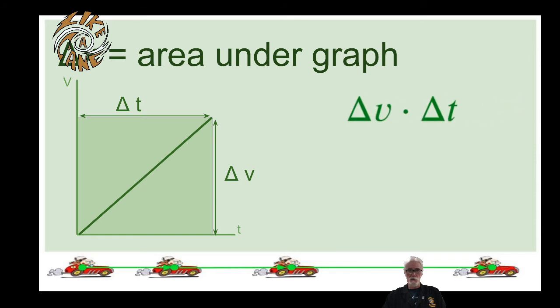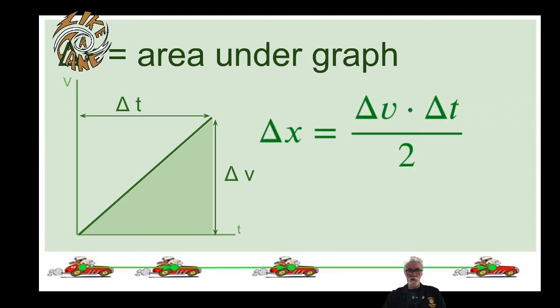So the area of that rectangle is delta v times delta t. But only half of this rectangle is under the graph. So let's cut the area in half to find that delta x, the displacement during this acceleration, is the change in velocity times the change in time, divided by 2.